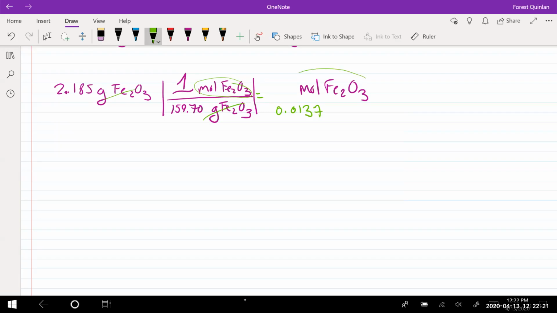Okay. Now, is it okay to have something less than 1? Absolutely. Just because you don't have a full mole, that's okay. You don't always have a full dozen. And you can also have multiples. So that's about as hard as that gets.